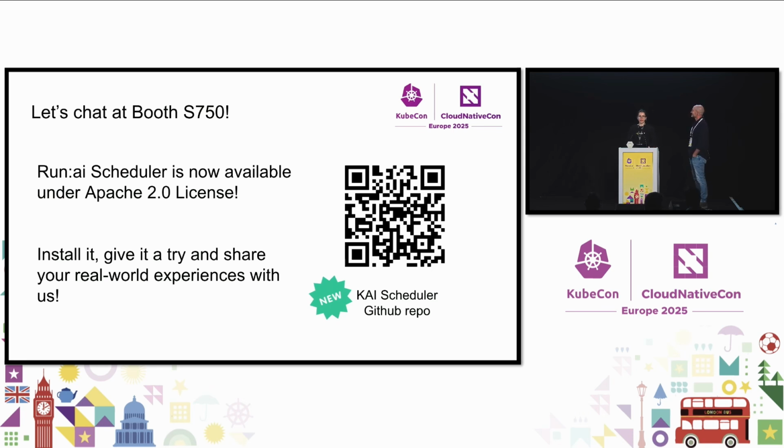Any feedback, any contribution, any early adopters are very much welcome. And you can also come to the booth if you want to talk about the scheduler. We are very happy to hear your ideas and opinions. And we call it Kai Scheduler, okay? Yes, Kai Scheduler. Whatever you call it, Kai, KAI.